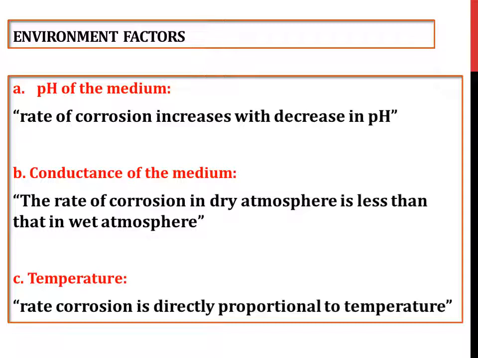Next is the conductance of the media. So how will the conductance of the medium influence the rate of corrosion? The rate of corrosion in a dry atmosphere is less than that in a wet atmosphere, because a wet atmosphere is more conducting. Iron undergoes corrosion faster in clay than in sandy soil.